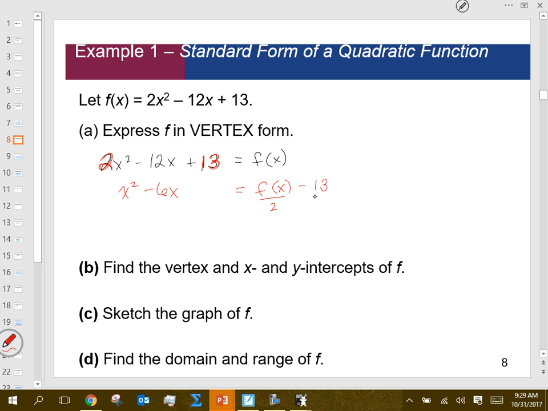But remember, I divided everything by 2, right? So when I divided the 2, x squared, and the 12x on the left-hand side, those went down to whole numbers. The 13 is not divisible by 2, and neither is the f of x, so we just write it out. Is that doable? If you want to write that right-hand side as f of x minus 13 all over 2, that's fine. It doesn't matter. It's the same answer regardless.